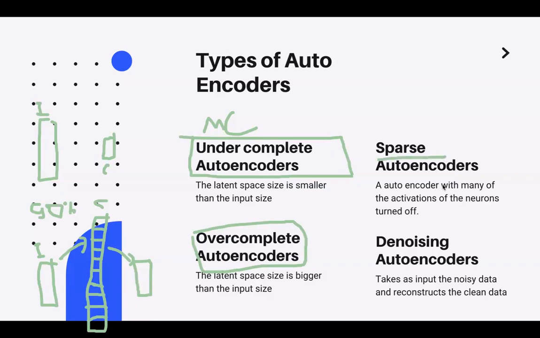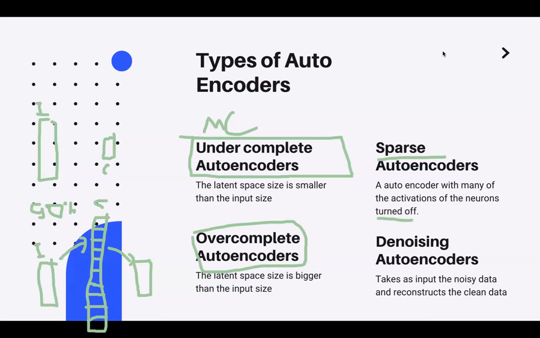Sparse means that the majority of them are turned off, absolute zeros. That makes it a lot more challenging, because in reality, you will be learning a very small code. The actual values that you will be learning are much smaller. It's just that the size will be bigger and the majority of the other places will be set to 0.